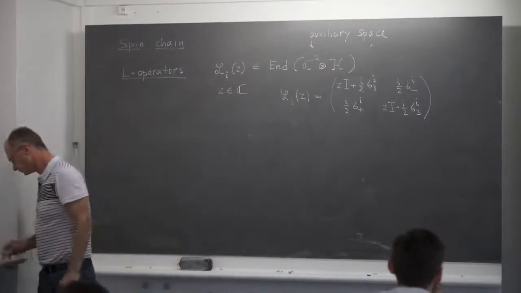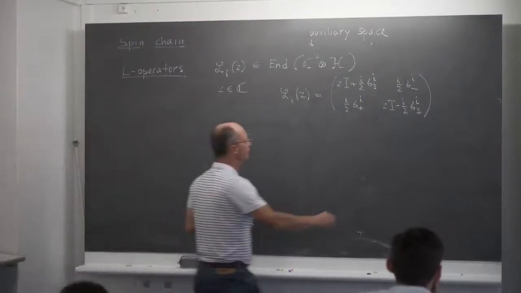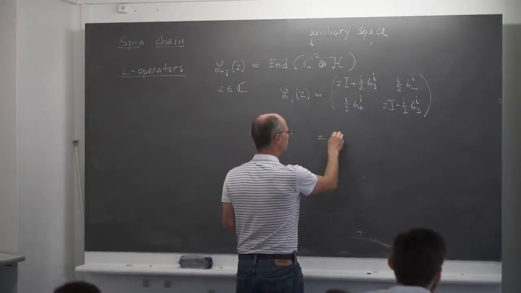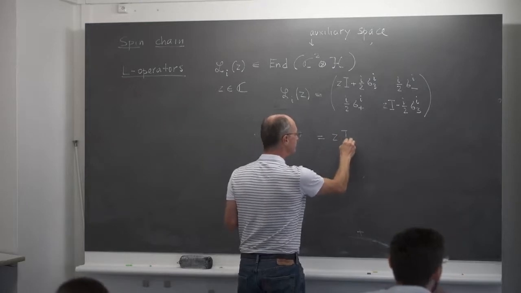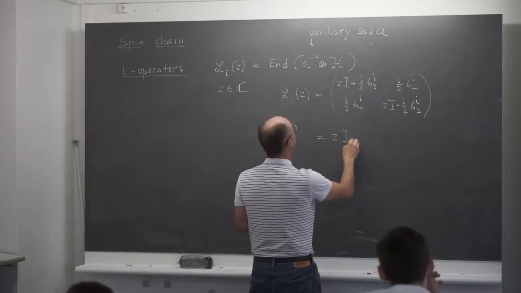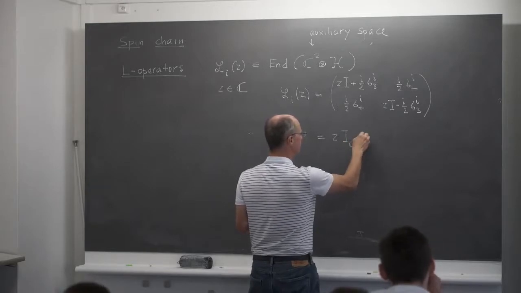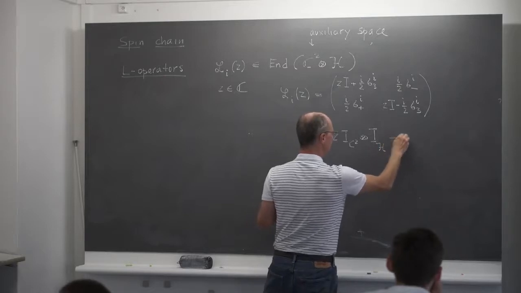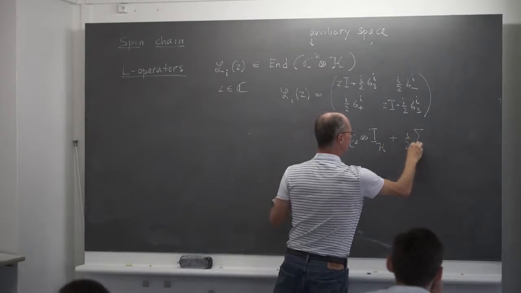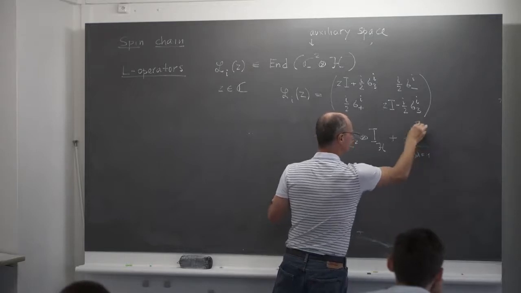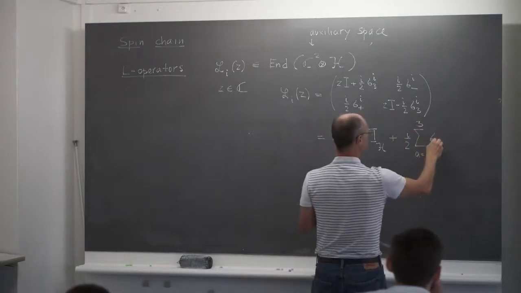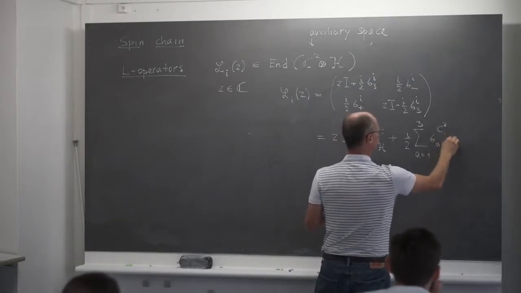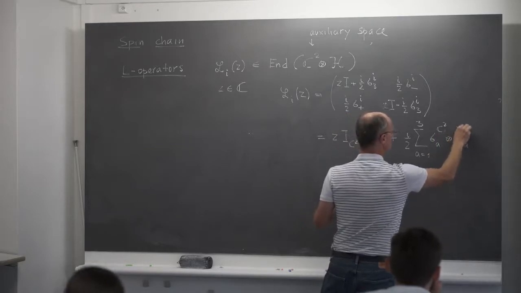Maybe one more formula for it. The same thing is z times the unit matrix in this auxiliary space C2 tensor 1 in H, plus i over 2 sum over a of sigma a in the auxiliary C2 tensor sigma a i.